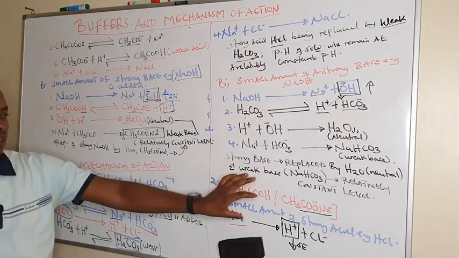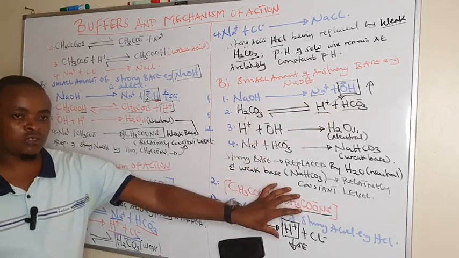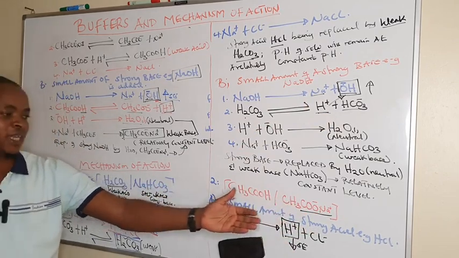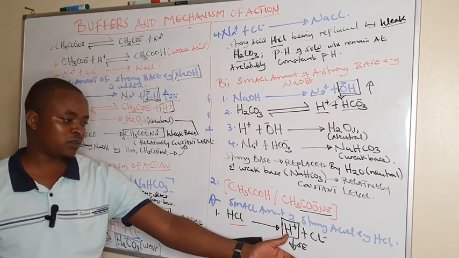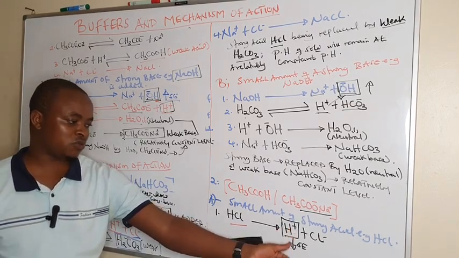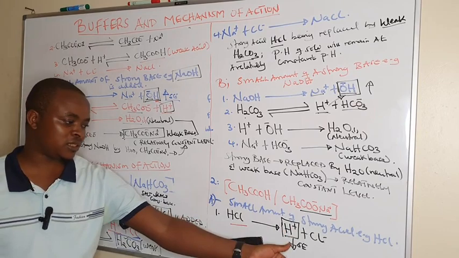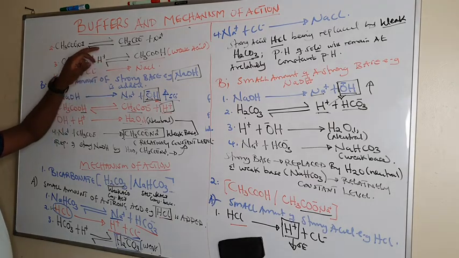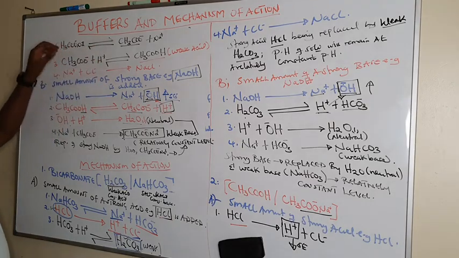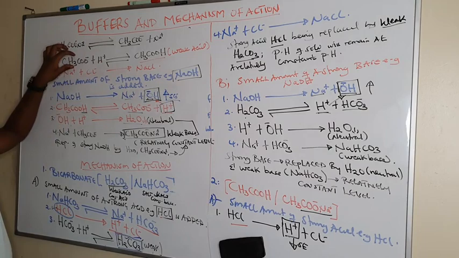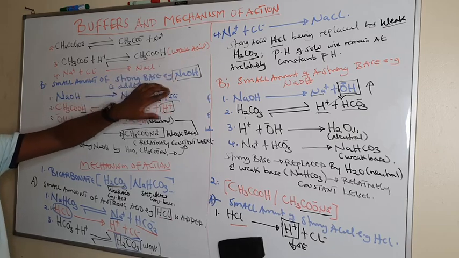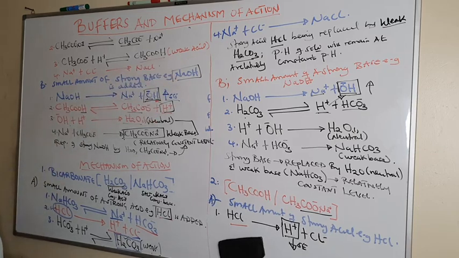Then we have also looked at the ethanoic acid stroke sodium ethanoate buffer, whereby we have seen if we add a strong acid, small amounts, the hydrogen ions which would have decreased the pH, are buffered by the conjugate base to replace it with the weak acid, hence keeping the pH at a relatively constant level.